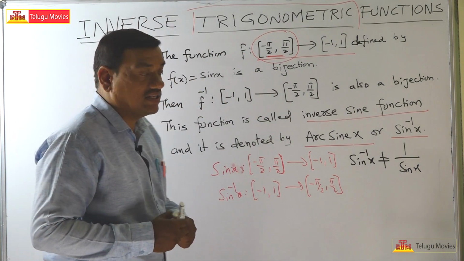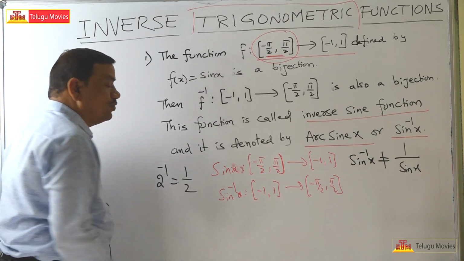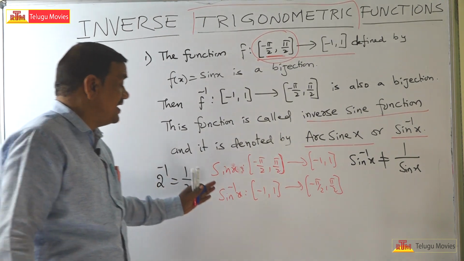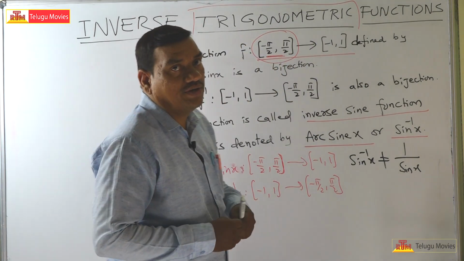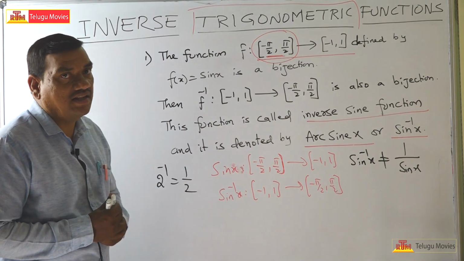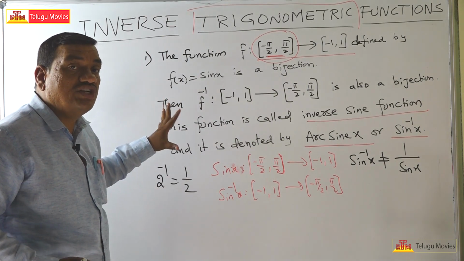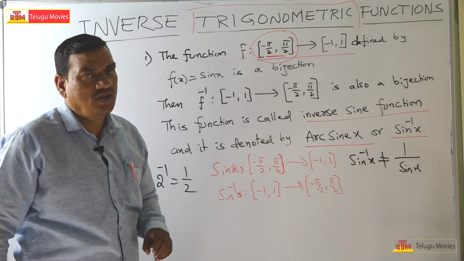For example, 2 inverse is equal to 1 by 2, where 2 is a real number, but here it is just the name of the function. So don't misunderstand that. This is the clear-cut definition of the inverse sine function.